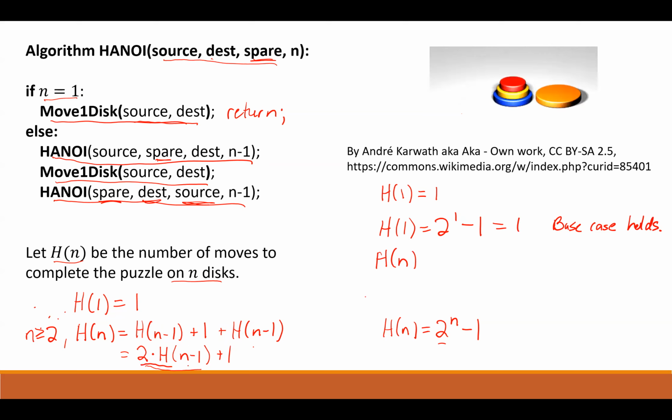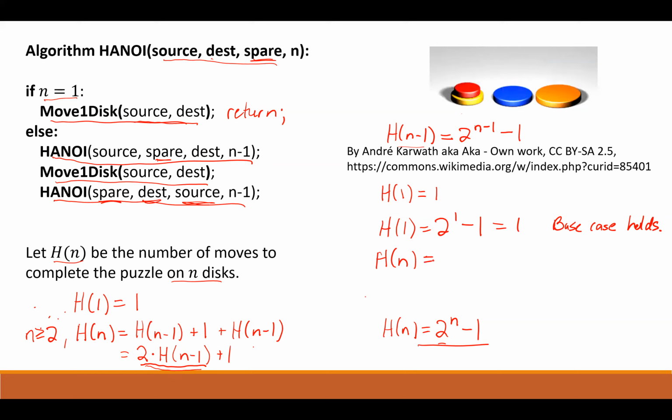I'm going to assume at this point that h of n minus 1 is equal to 2 to the n minus 1 minus 1, right? So I'm simply taking my guess at a closed form, and I'm assuming it's true for a smaller problem set.